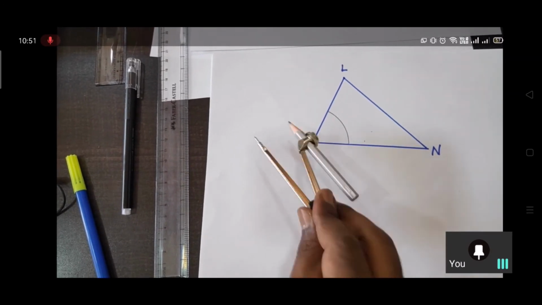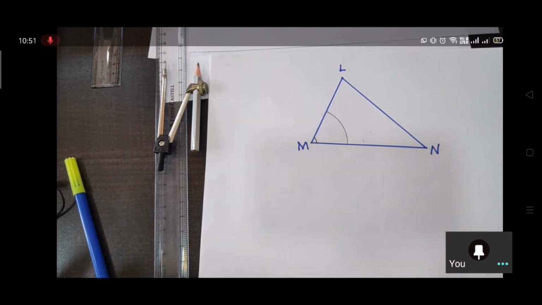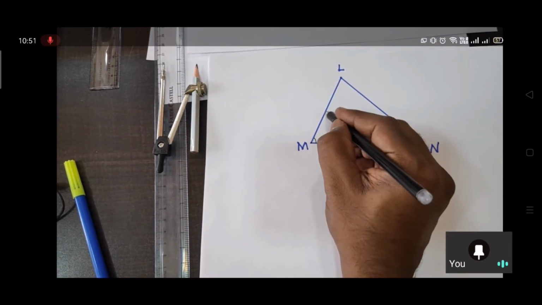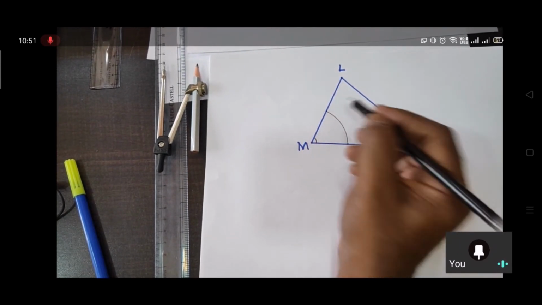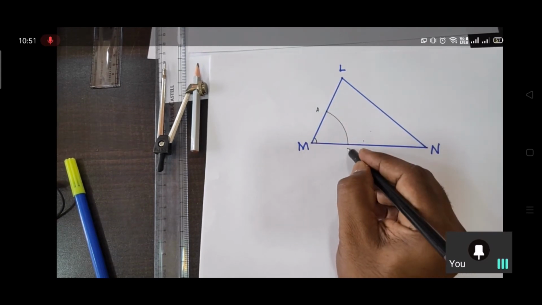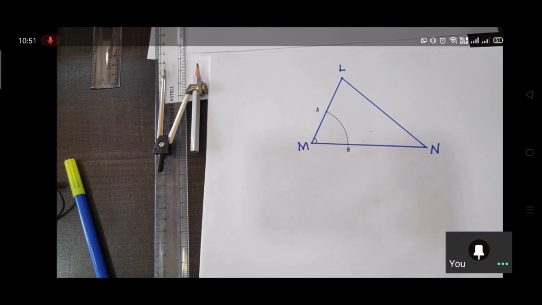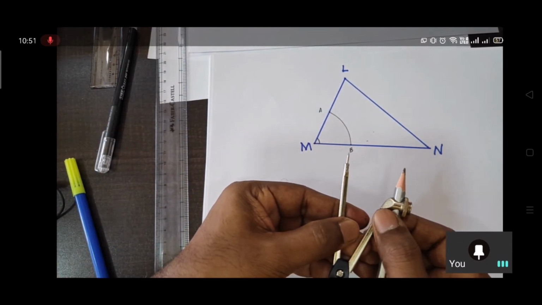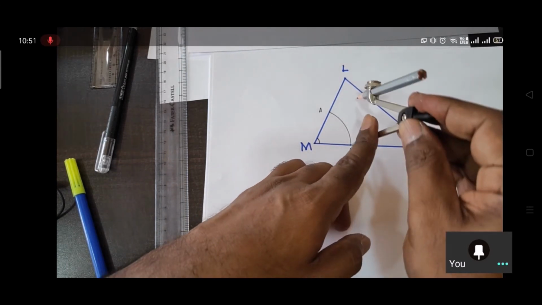Don't cross this outside. Now once you have drawn this, take one point here, another point here, give names maybe A, B, and then increase a little bit of span. Keep your pointer on point B, whether it is overlapping to this line.